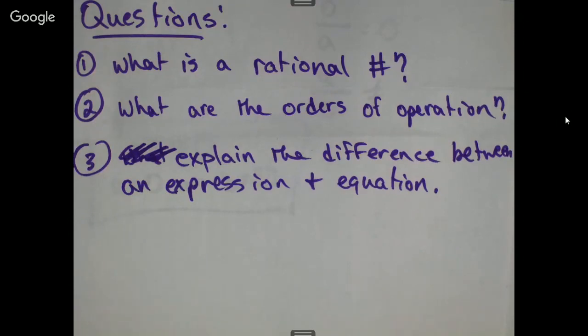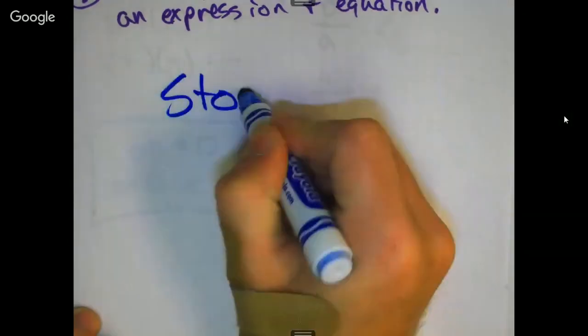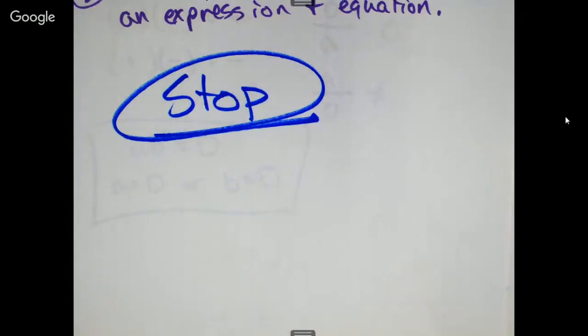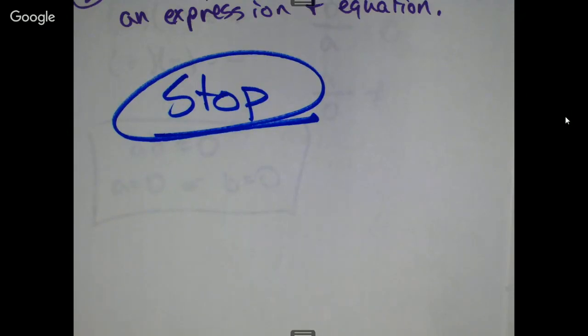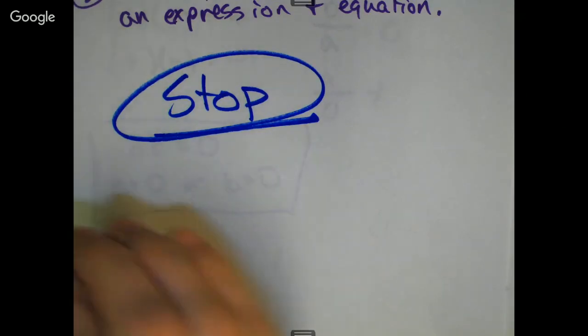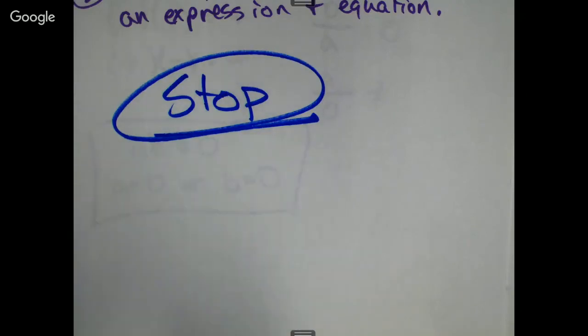Okay, now what happens now? Well, you will actually stop the video if you plan on being in class the next day, okay, so stop. If you are absent or just want to continue to listen to me spiel about real numbers, you can continue to watch. But I am going to go on now and do some example problems.